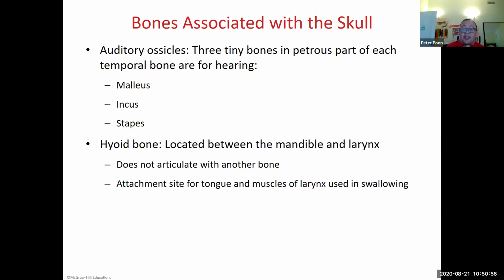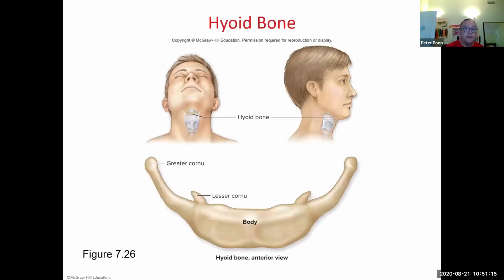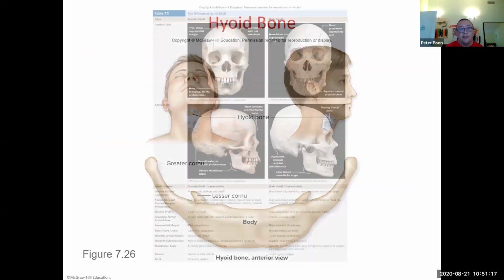It hangs out by itself. If you imagine strangling someone, you'll be crushing their hyoid. In fact, if you find a hyoid that's been crushed, it's an indication that person has been strangled. So that's the hyoid.